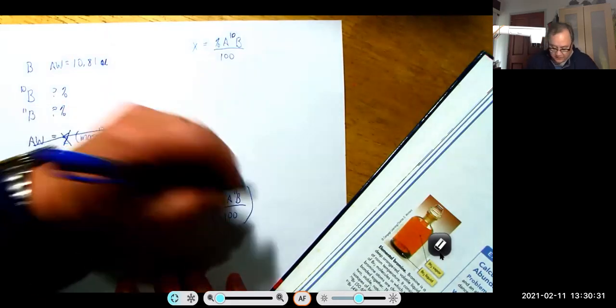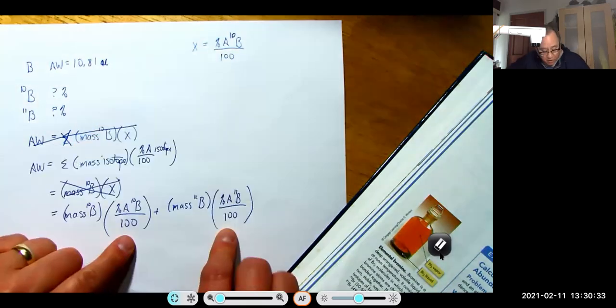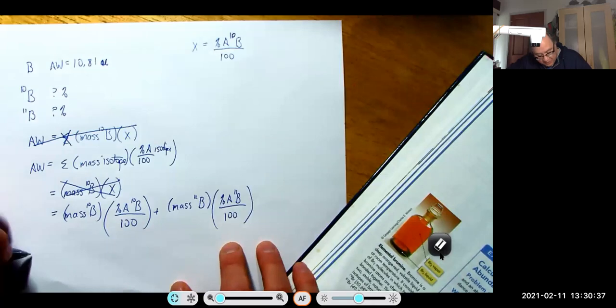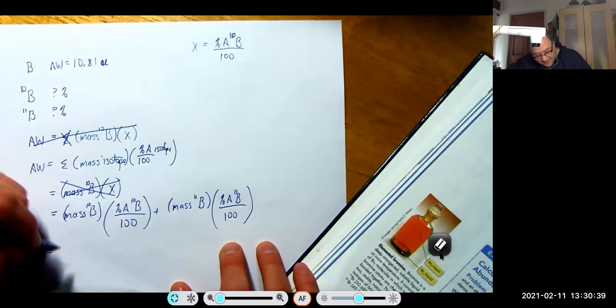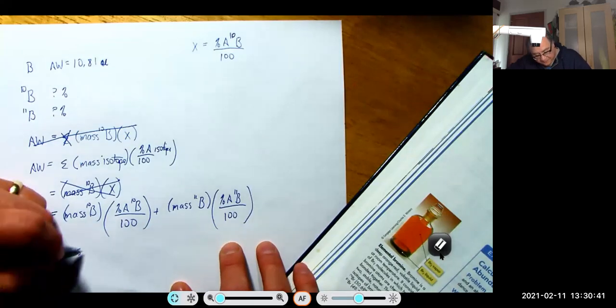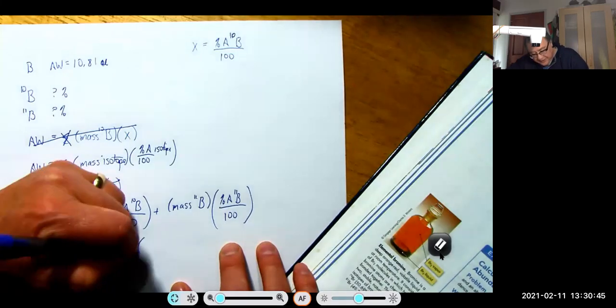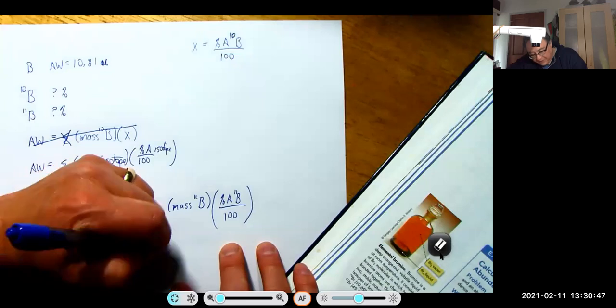Now here we put numbers in the last problem, but we don't have those numbers. So I'm going to say the atomic weight is the mass of boron 10 times X plus the mass of boron 11 times Y.